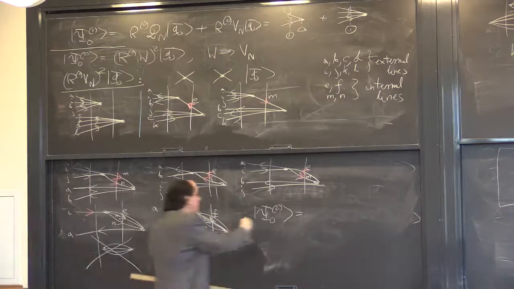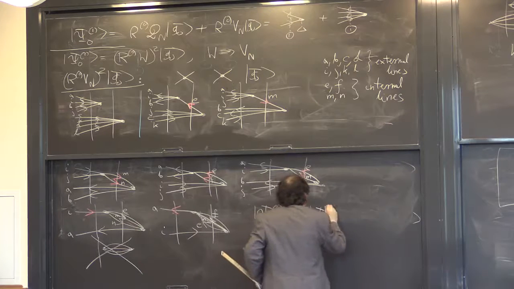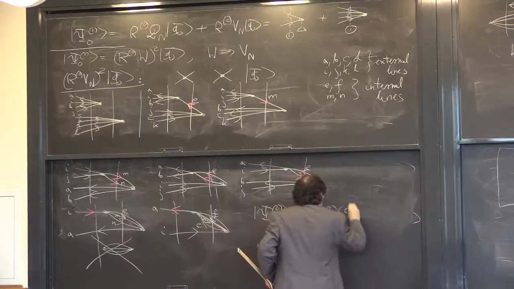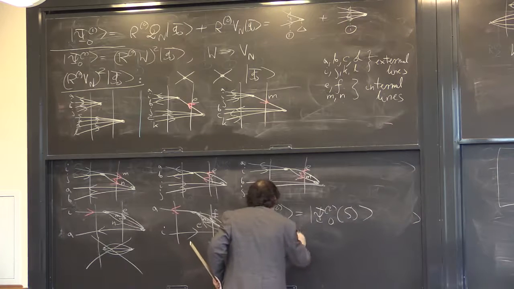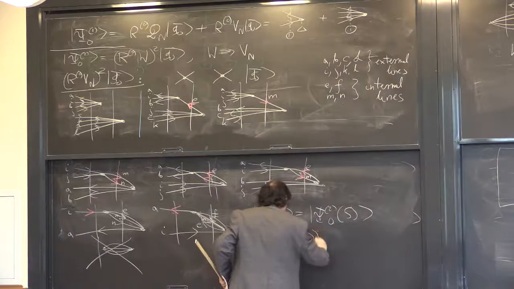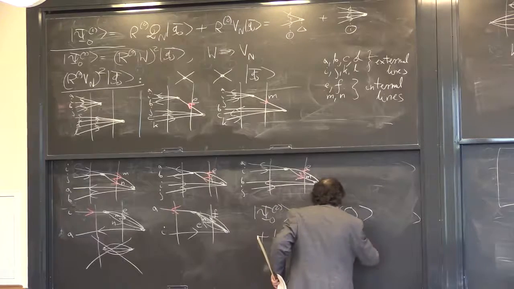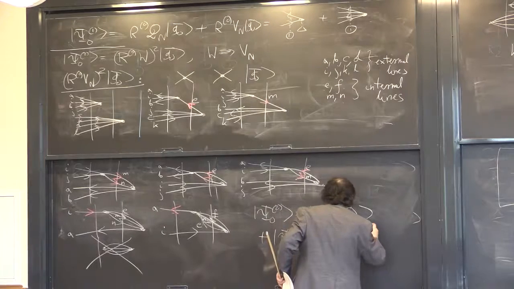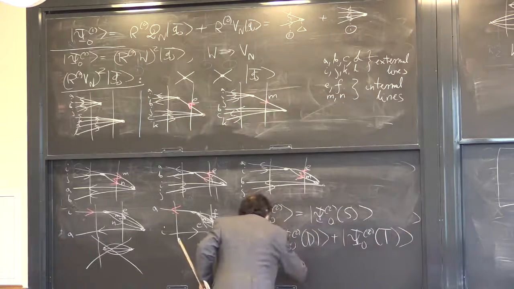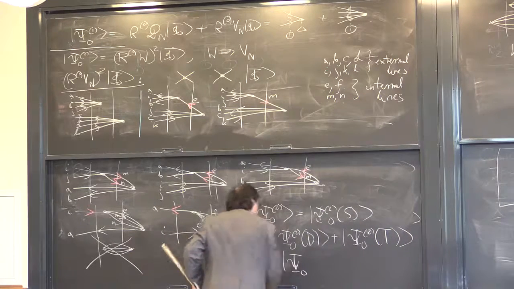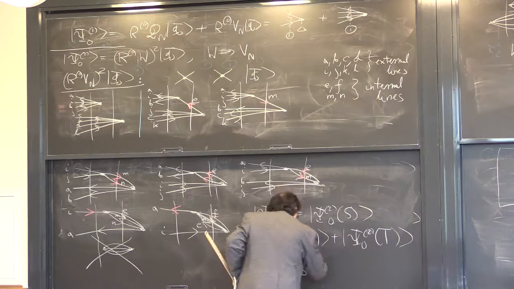I'm going to just write it symbolically. So in second order we have singles, doubles, triples, and quadruples. I'm using these quantum chemistry style acronyms, so it's SDTQ.